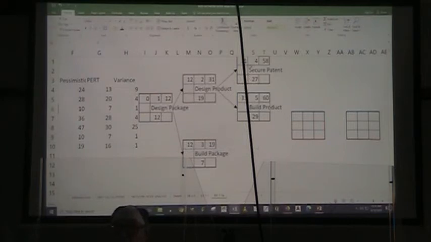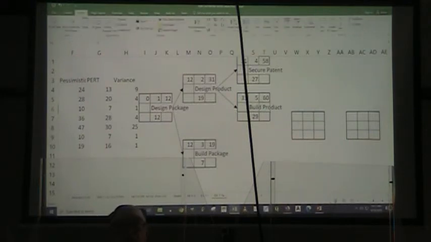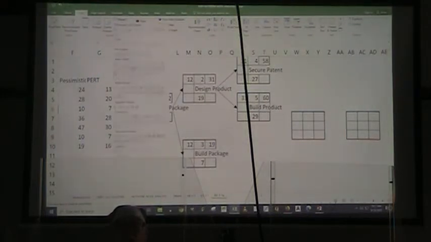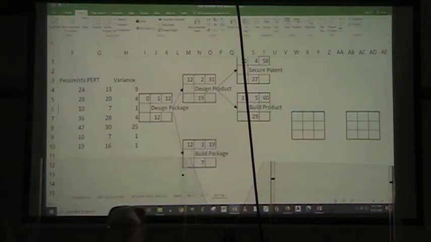All right, now 3, 4, and 5 go into 6 here. So I'm going to go ahead and put in my arrows that indicate that. Shape.